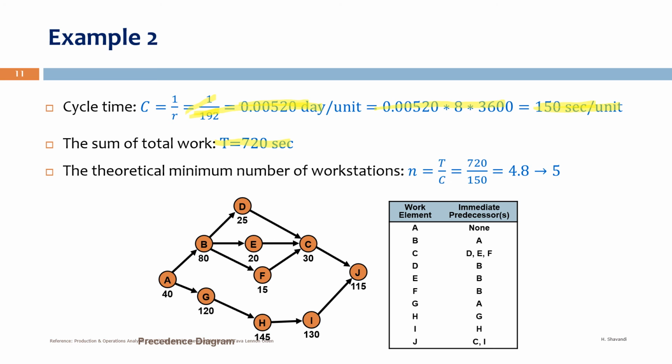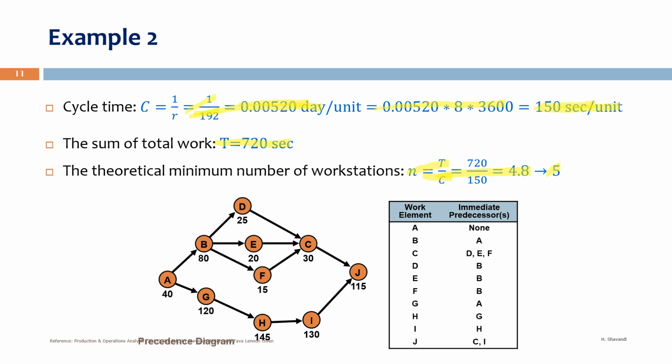So now by having T and the cycle time C, we can calculate the minimum number of workstations. So N becomes T over C, which would be 4.8, and we round it up. So the minimum number of workstations can be 5.